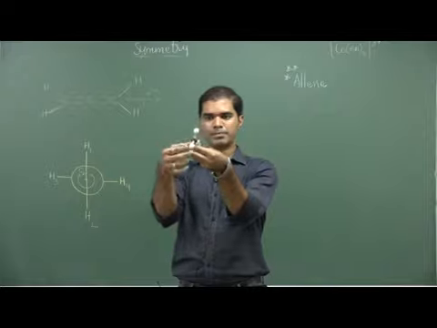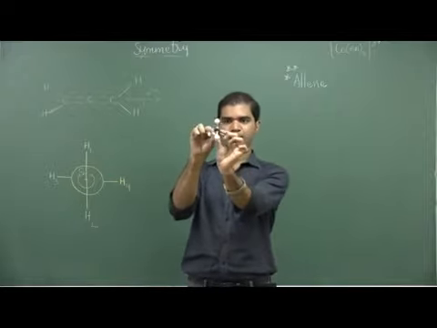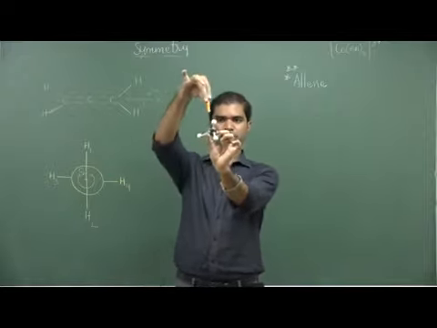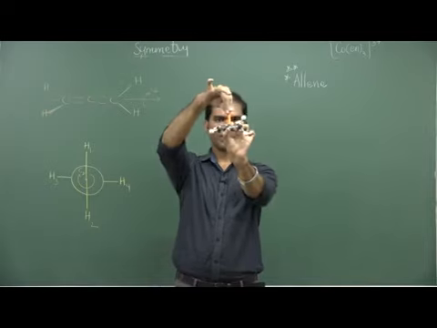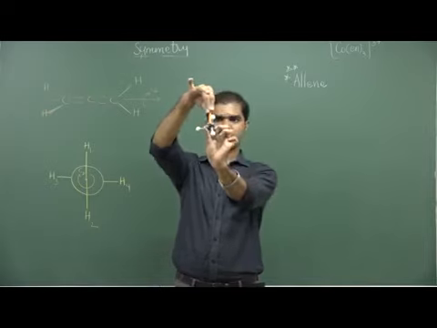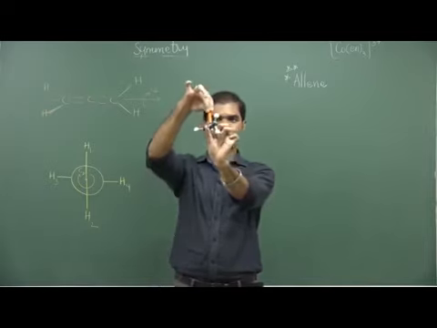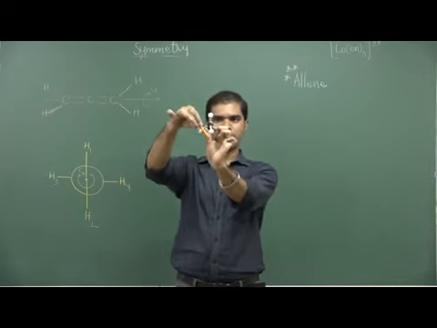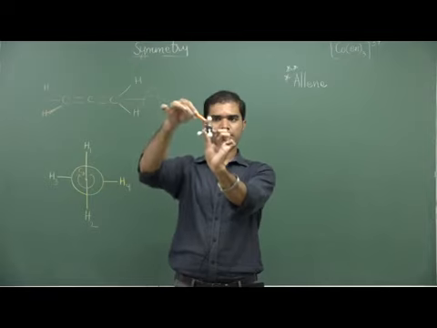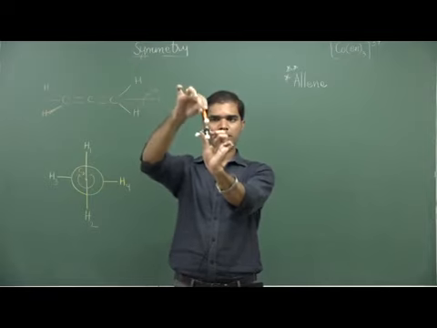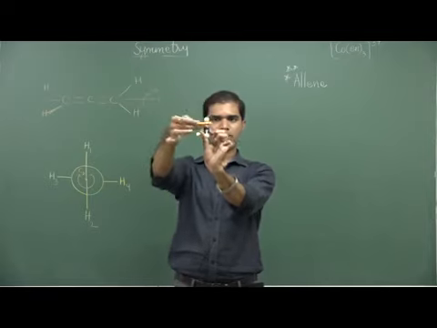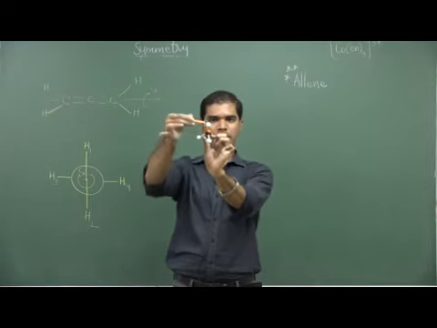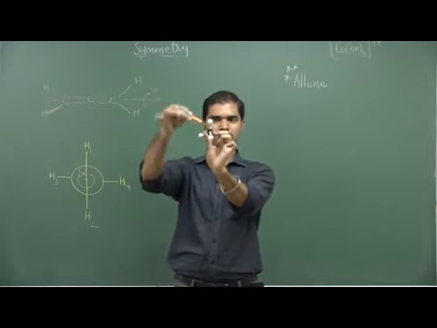Apart from this, now just let me put a rotational axis here on the central carbon atom, just perpendicular to this C2. As I put it here, now you can see these two hydrogens towards you. They are above and below the xy plane.